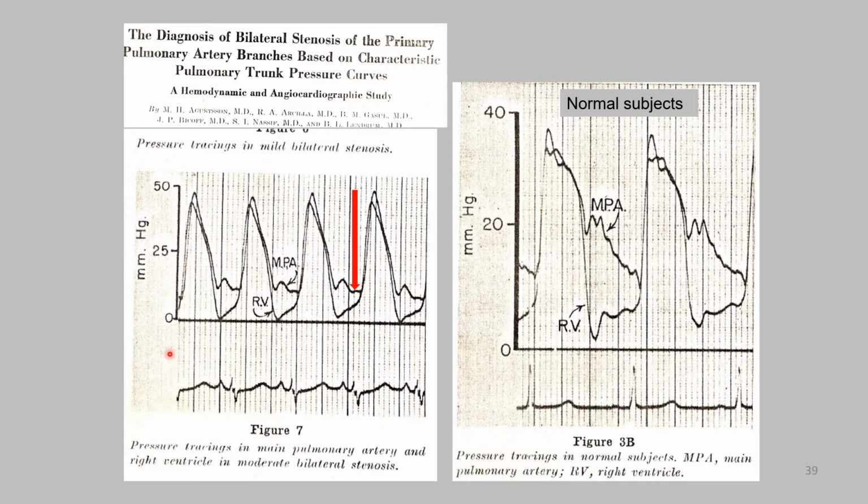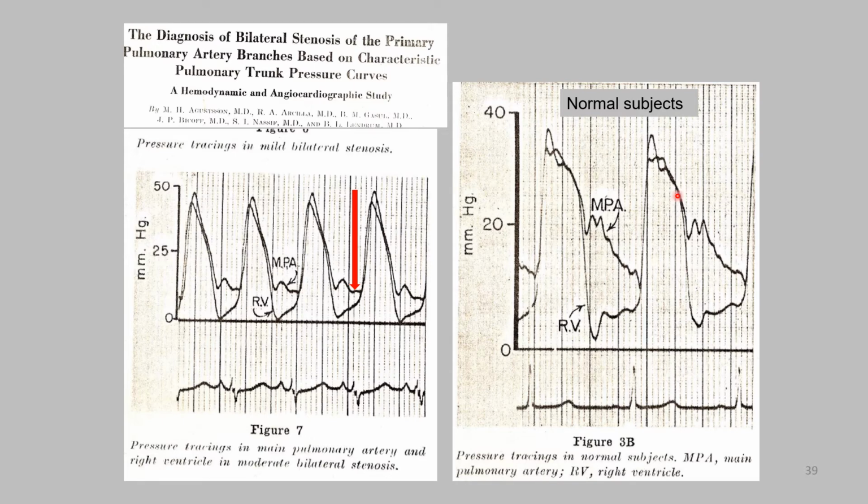And they talked about this as a ventricularization of the pulmonary artery pressure curve, which is the same notation that Morpurgo has said for pulmonary embolism.